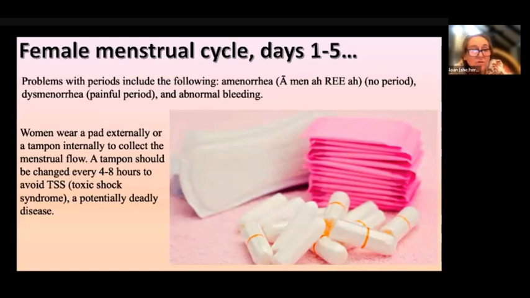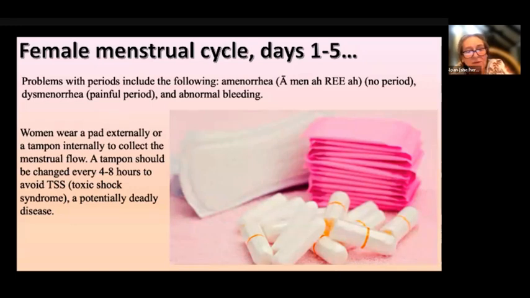But if a girl doesn't have something to prevent her blood getting on her clothes or showing, she may not go to school. And so there's actually been a lot of emphasis, even globally, on trying to make sure that girls have access to menstrual products so that they can continue to participate.